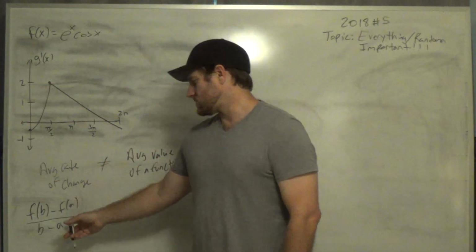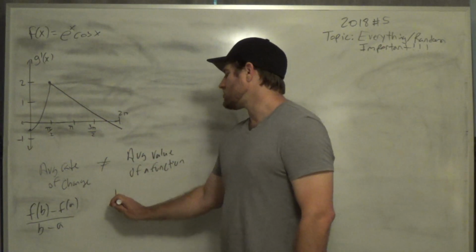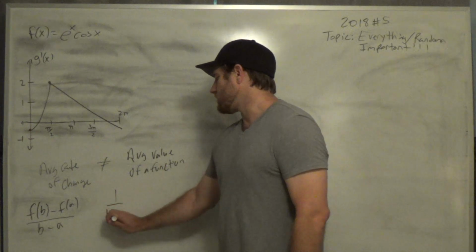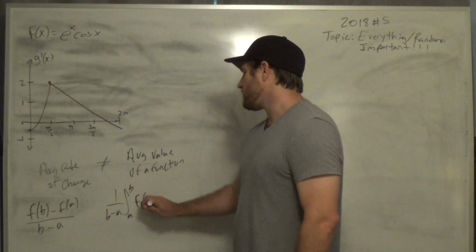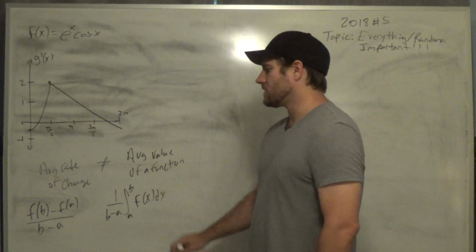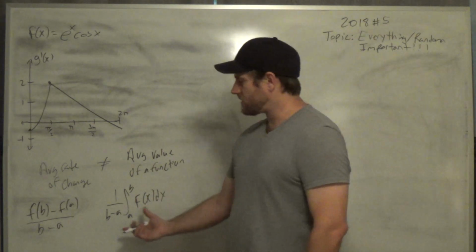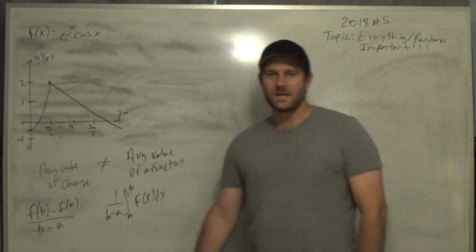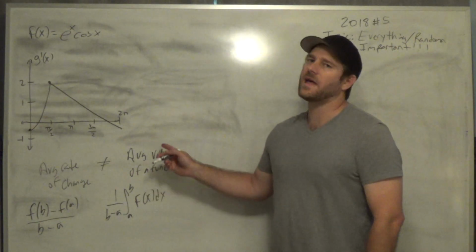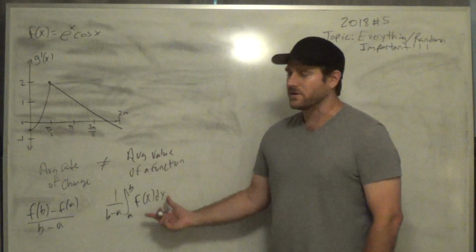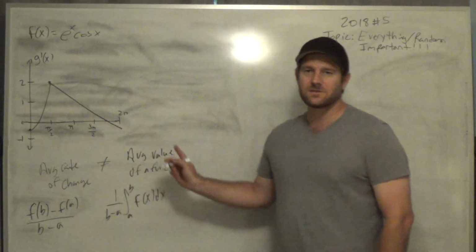Average value of a function is 1 over b minus a, integral a to b of whatever function you're dealing with. So this is average value of a function. This is average rate of change. This is average value of a function, average height of a function, average temperature of a function, average anything else. Average rate of change is this, average anything else is this.